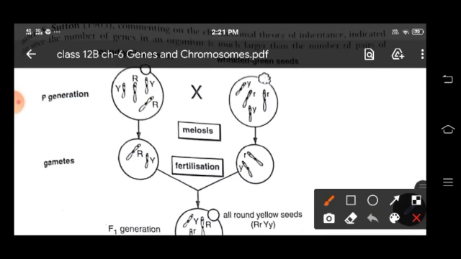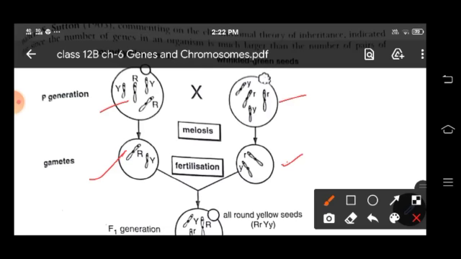So these are round yellow seeds, and these are wrinkled green seeds. Through meiosis 1, they separate in two possible ways. This leads to the independent assortment of the chromosomes and the genes they carry in four possible ways.